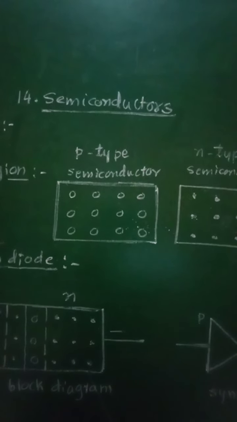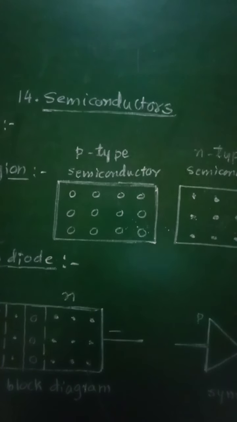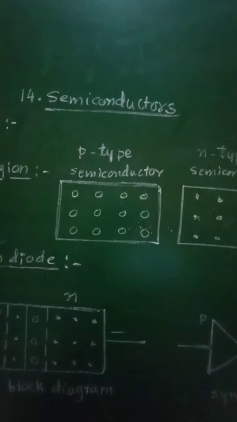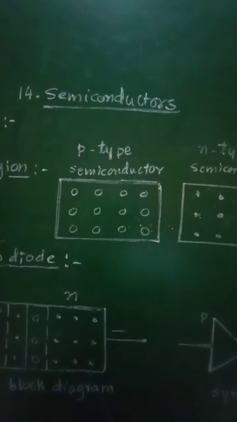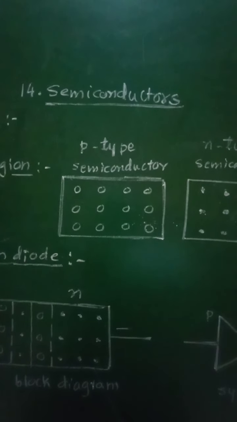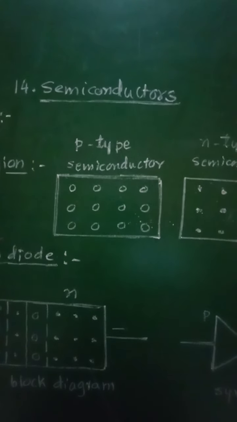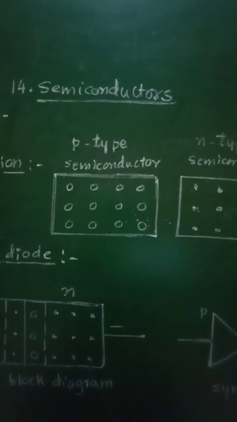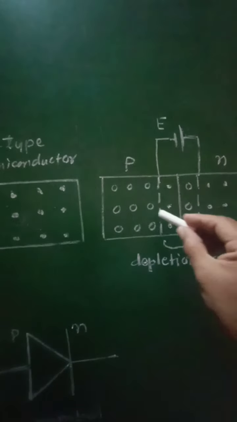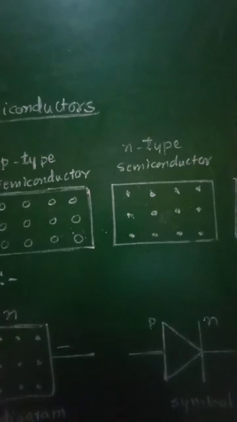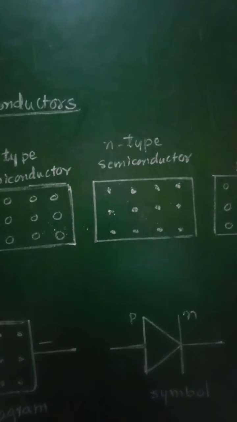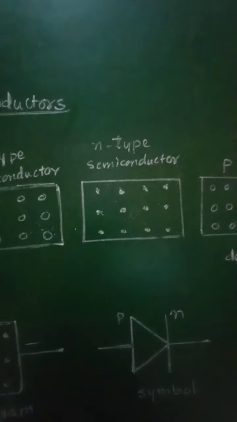These electrons will fill up the holes in the p-type material and will produce negative ions. When the electrons from the n side of the junction migrate to the p side, they leave behind positively charged donor ions on the n side.